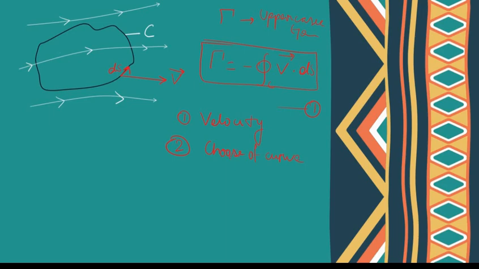For example, let us consider this whole region. There is a flow happening, correct? So it depends on which region you're going to take into consideration. Like this curve, wherever you choose, the value of circulation depends on that.